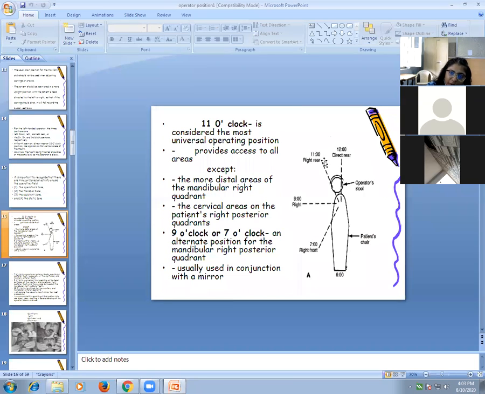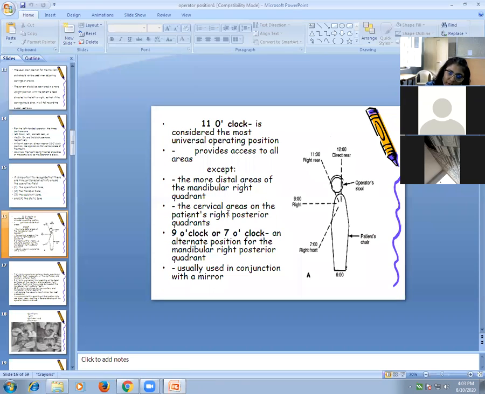The 11 o'clock position is considered the most universal operating position because it provides access to all the areas of the tooth. Where it is difficult to use the 11 o'clock position is in the more distal areas of the mandibular right quadrant, that is 47 or 48.